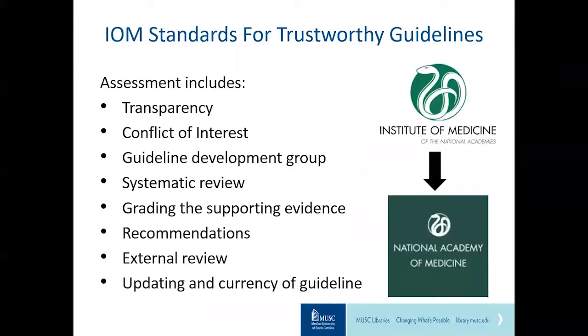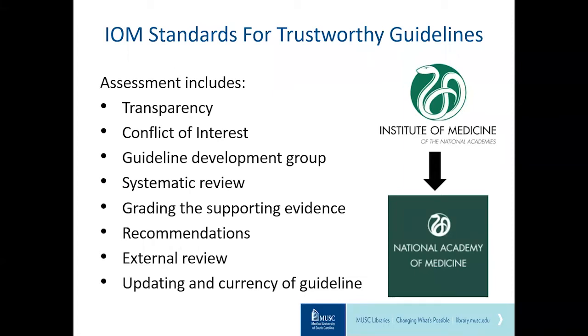Good clinical practice guidelines are developed by clinical experts in conjunction with systematic reviews, evaluation of resource allocation, and patient values and preferences. According to the Institute of Medicine, now called the National Academy of Medicine, there are 8 key factors to look for when assessing the trustworthiness of a guideline.